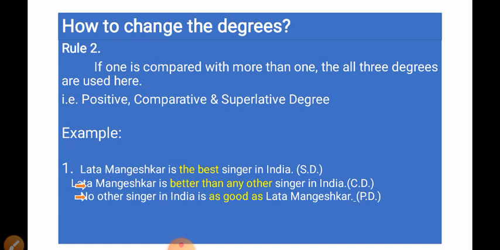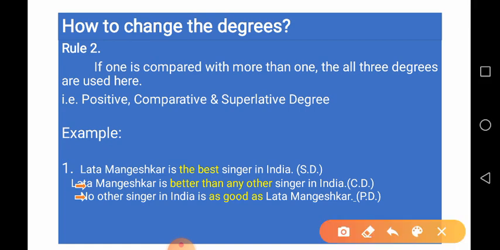There superlative degree is not used, but here according to rule number 2, if one is compared with more than one, we use all three degrees, that is positive, comparative and superlative.